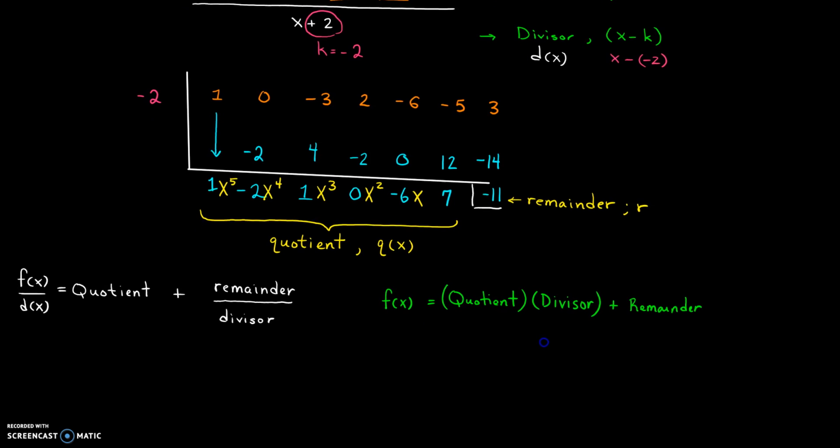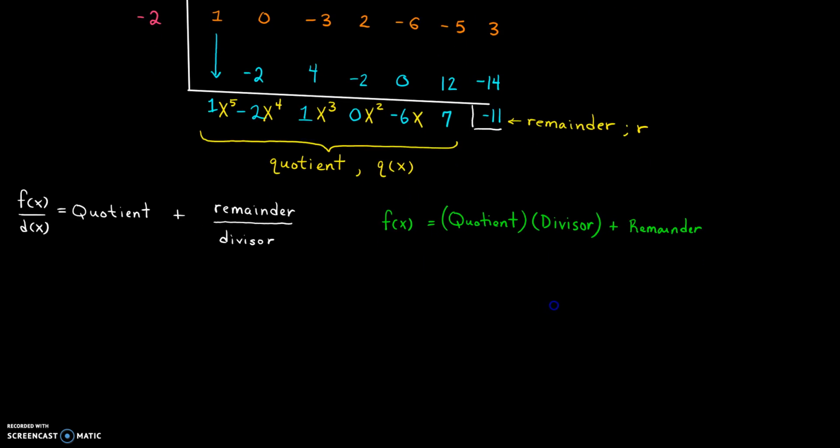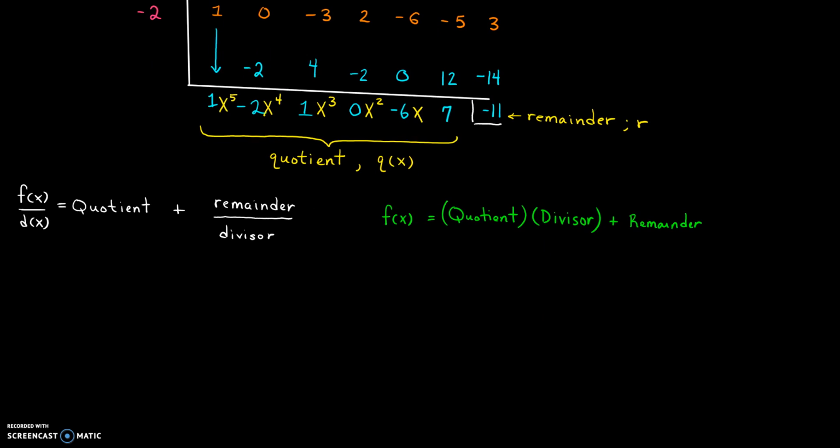What I want to do now is try writing our final answer out in both forms. Let's look at the first form here to the left. We have the quotient, that is x to the 5th minus 2x to the 4th plus x cubed plus 0x squared minus 6x plus 7. That's the quotient part, and I'm just reading it from there.